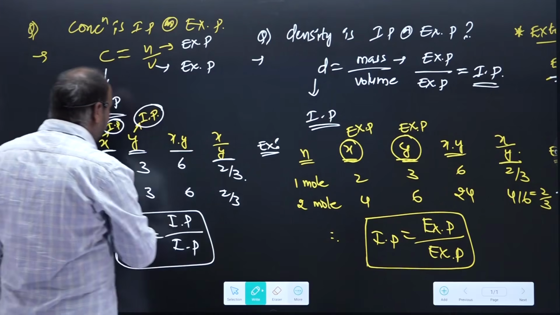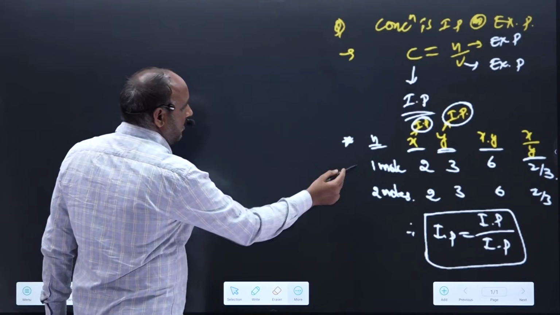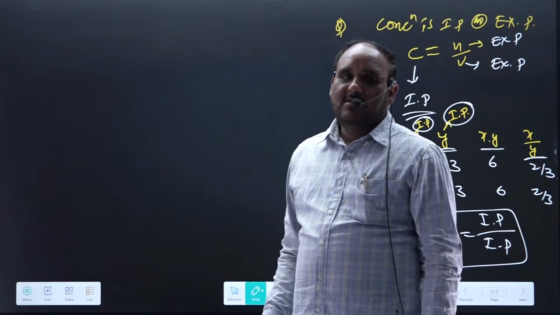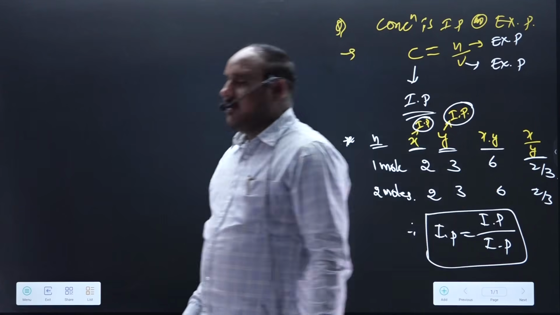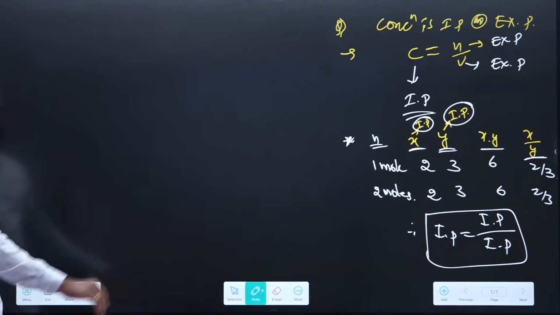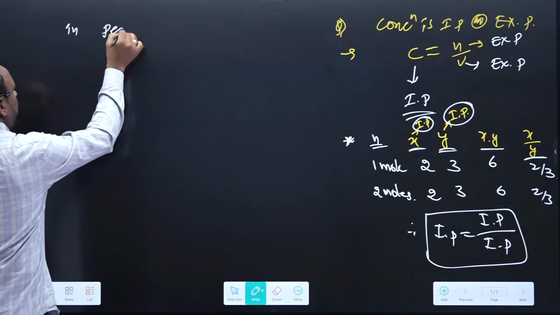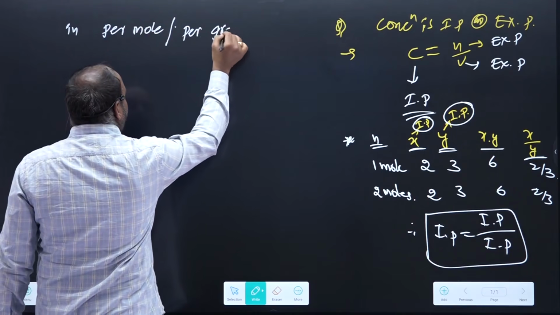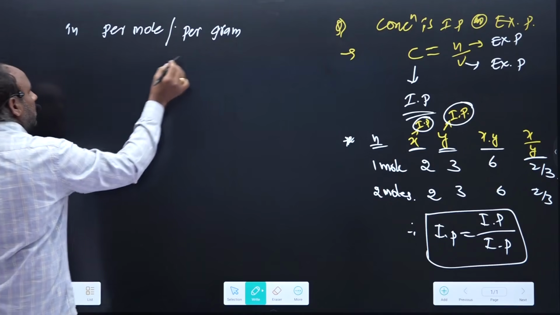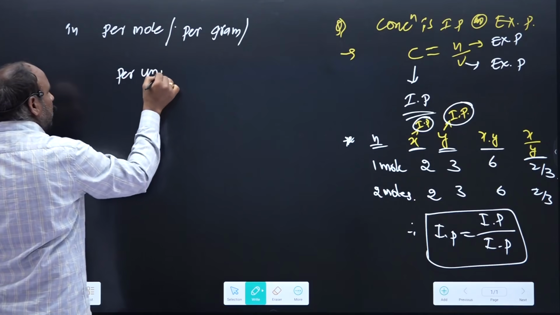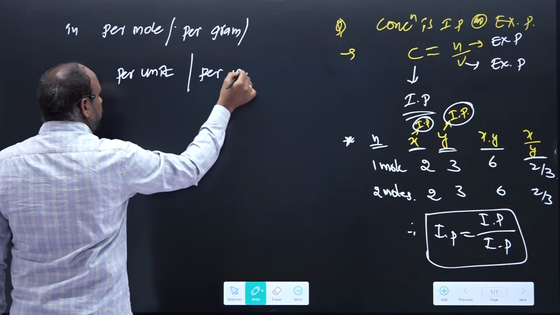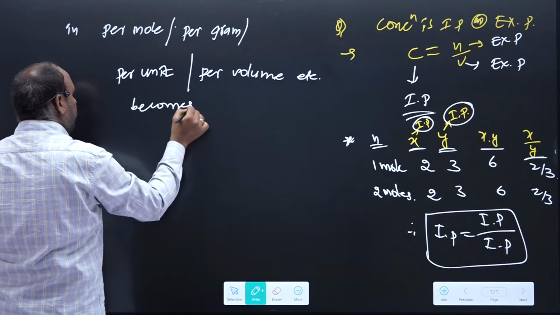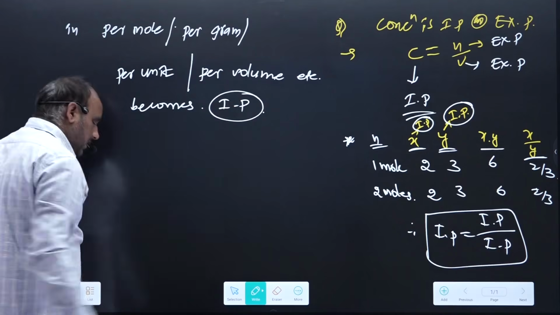Write down. Any property expressed in per mole or per gram or per unit or per volume, etc., becomes an intensive property.